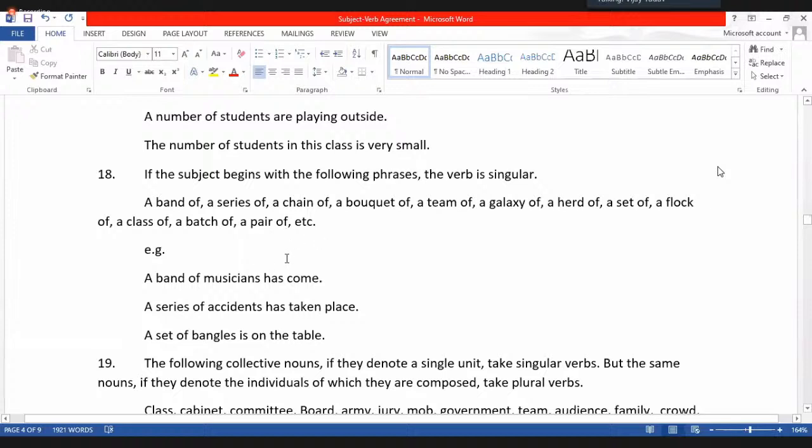Now, for example, a band of musicians has come. A series of accidents has taken place. A set of dangles is on the table, like this.